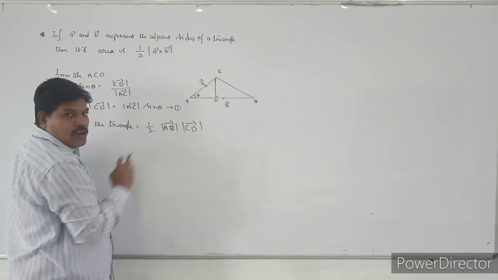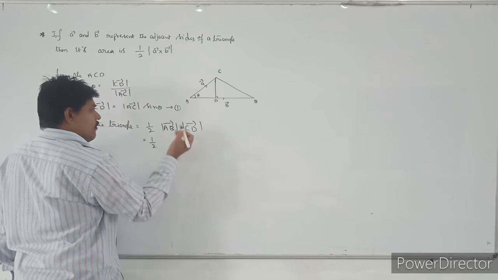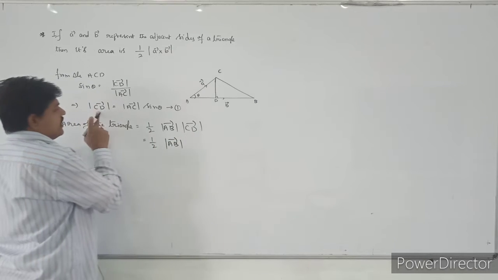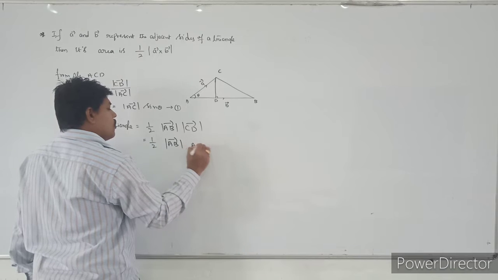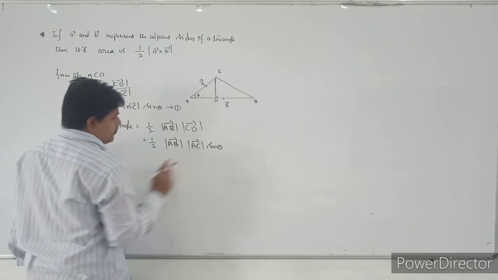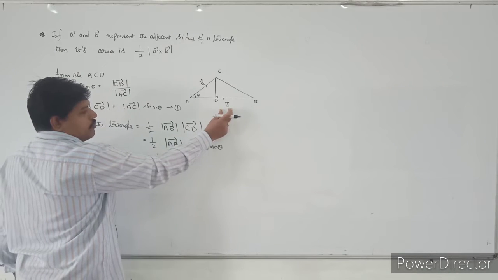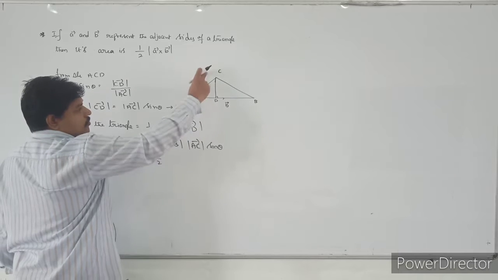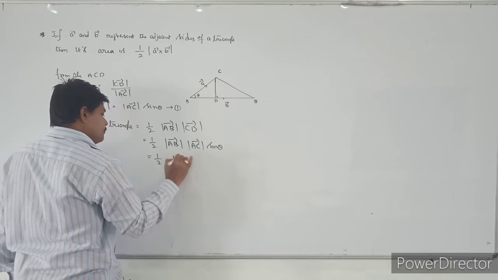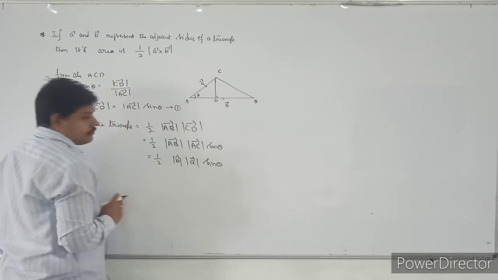So that is half into mod AB bar into CD bar, and CD bar is nothing but mod AC bar into sin theta. Mod AB is mod B, and mod AC bar is mod A. So that is half mod B bar mod A bar into sin theta.